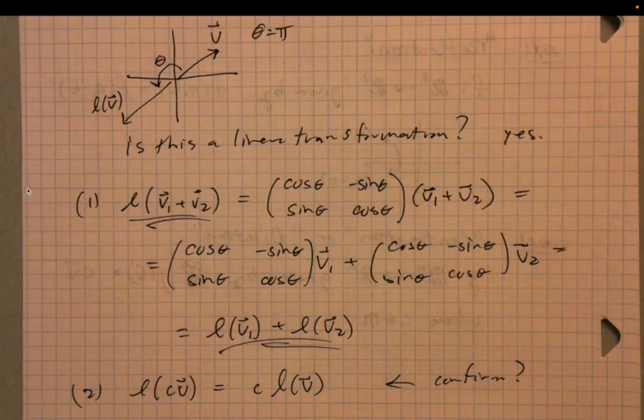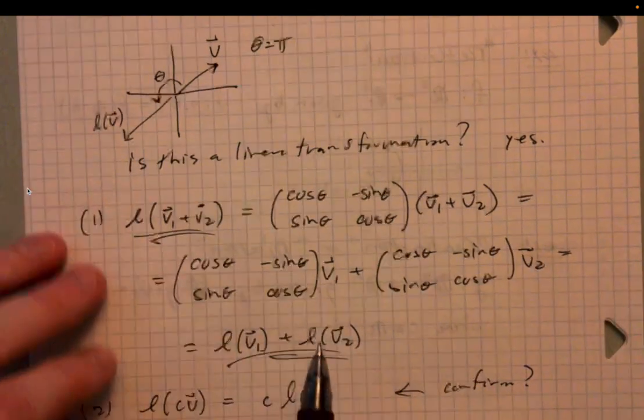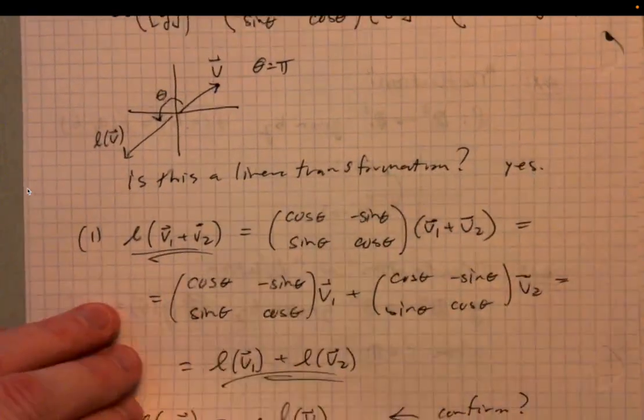Okay. So this rotation example is really a special case of the next example, which is going to be about matrix multiplication in general.